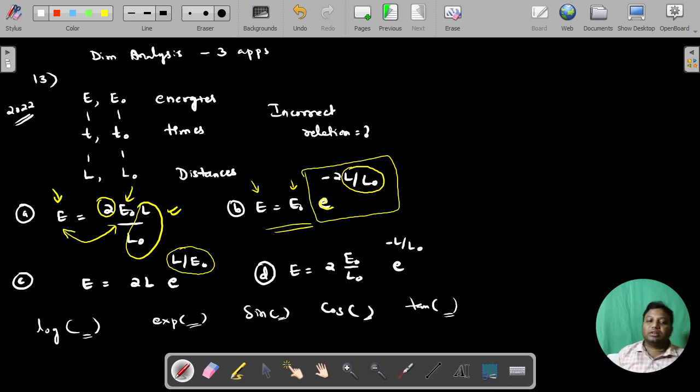So you may write L by L naught here, but we should not write L by E naught as the power of e. Okay, so we can say this is the wrong answer.